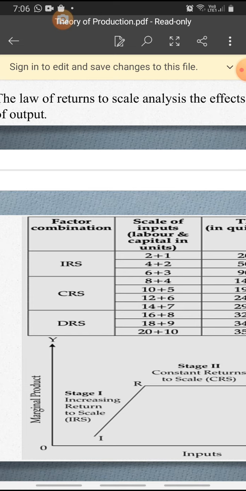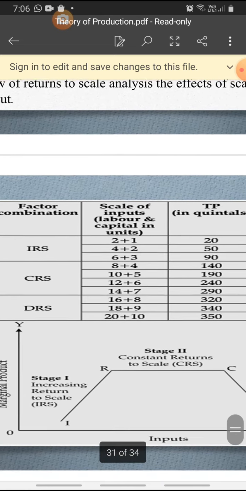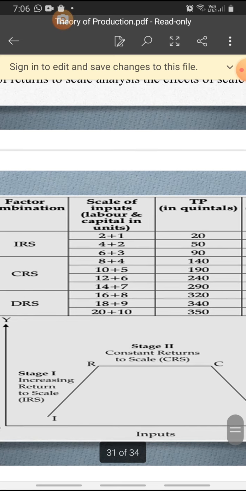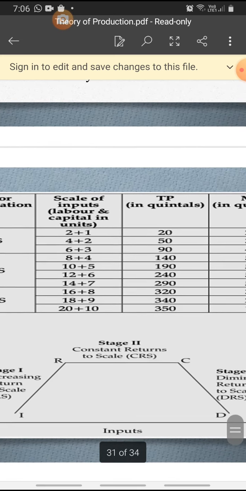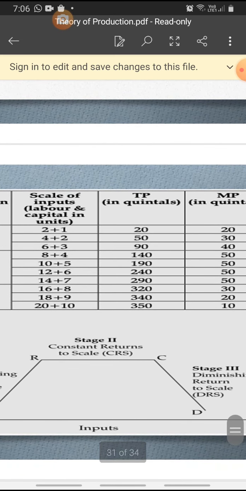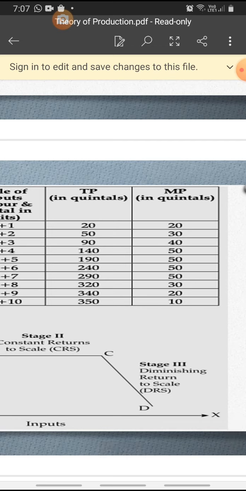Then the last stage is diminishing returns to scale, where labor is increased by 2 units and capital is increased by 1 unit. The total product increased from 320 to 340 and 350. But the increase in marginal product is diminishing.